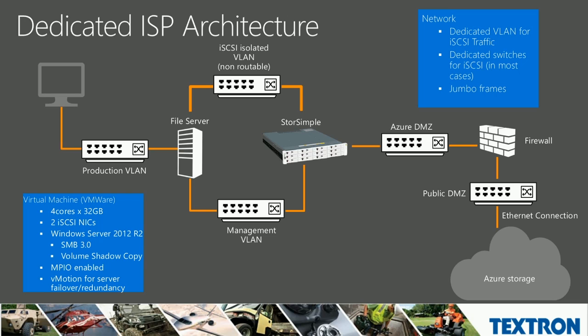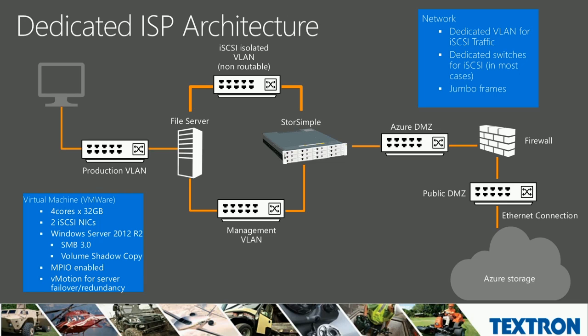So we rolled out, front-ending the StorSimple appliance, a Windows Server 2012 R2 server that's basically what we would refer to as a medium class server. It has 4 cores and 32 gig of memory. It's virtualized in every implementation we have. We run MPIO with it.